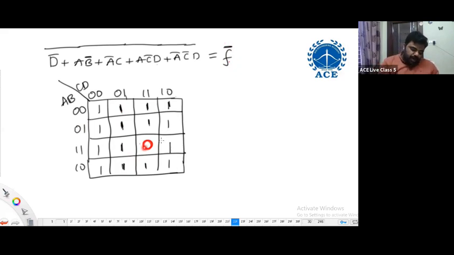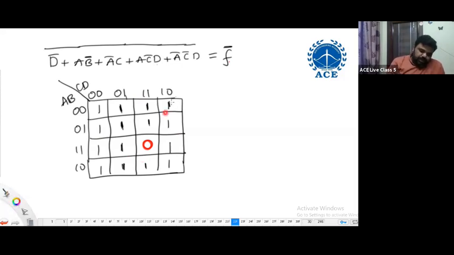If you take the complement of this function, whichever minterms are there for F become max terms, and whichever max terms are there become minterms.